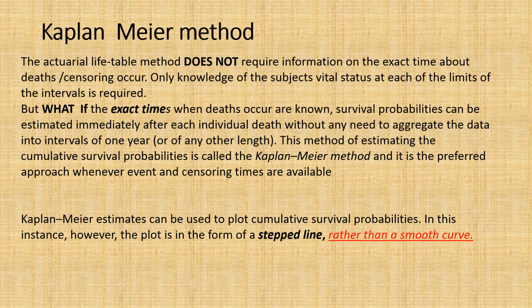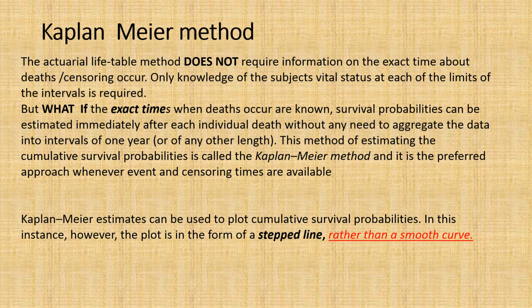If we came to know that the individual died in January, or is dying in March, or is dying in May, in that case we can draw a stepwise fashion over here. That stepwise fashion would be very important for us. But what if the exact times when the death occurs are known?